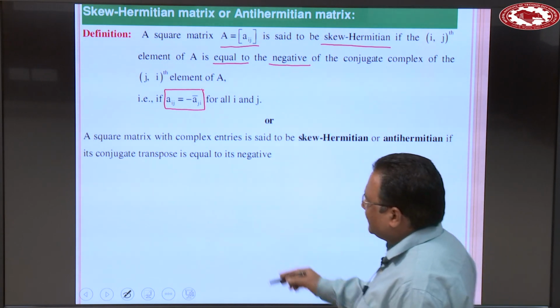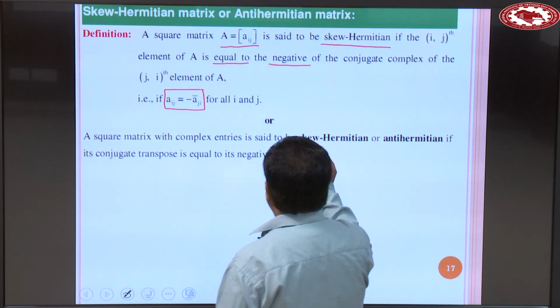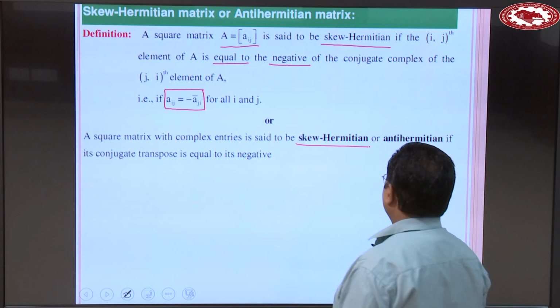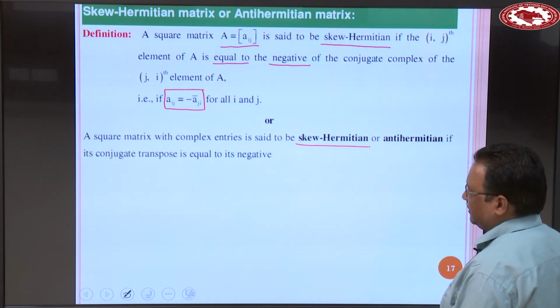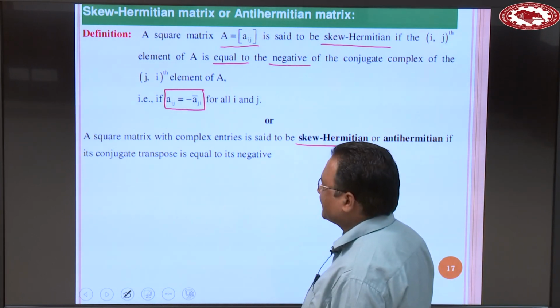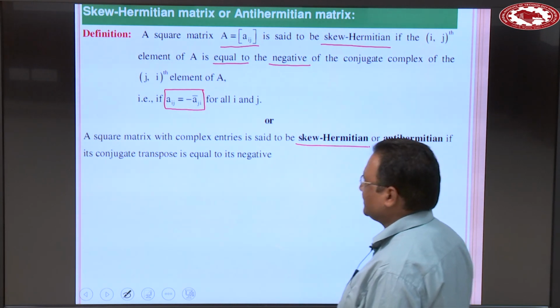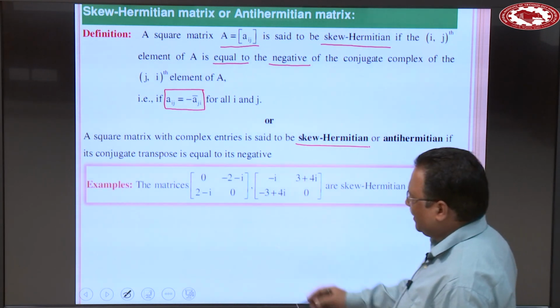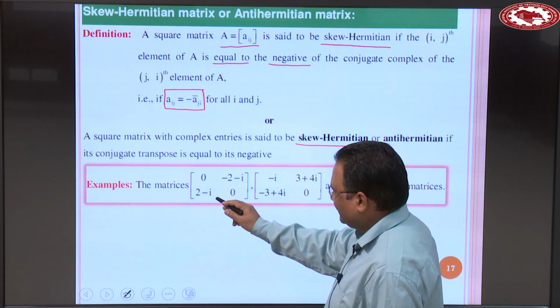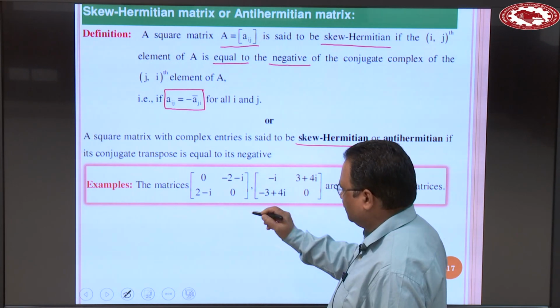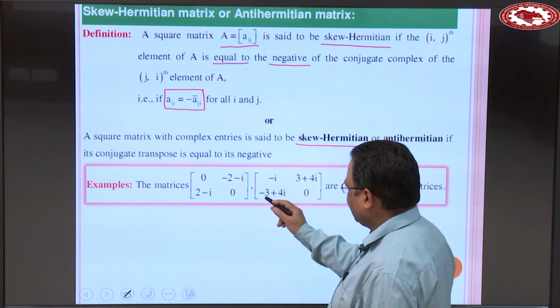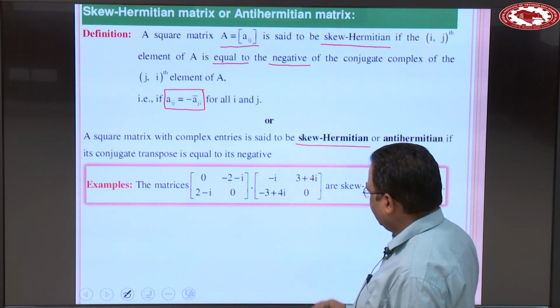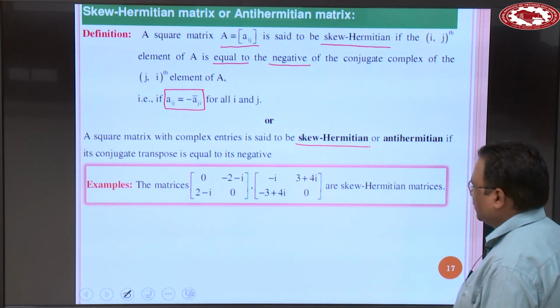A square matrix with complex entries is said to be skew Hermitian or anti-Hermitian if its conjugate transpose is equal to its negative. For example, 0, 2 minus iota, minus 2 minus iota, 0, and 0, minus iota 3 plus 4 iota, minus 3 plus 4 iota, 0 are examples of skew Hermitian matrix.